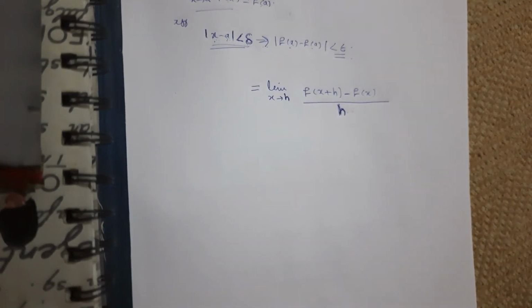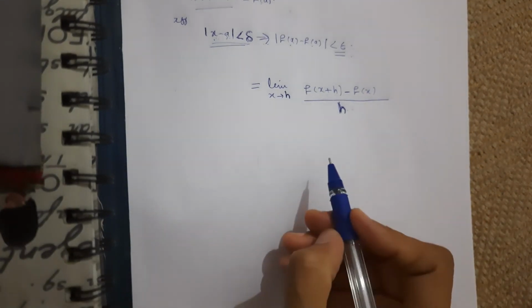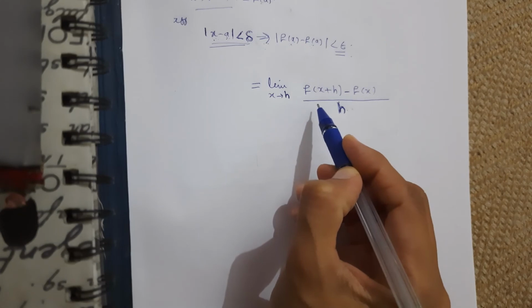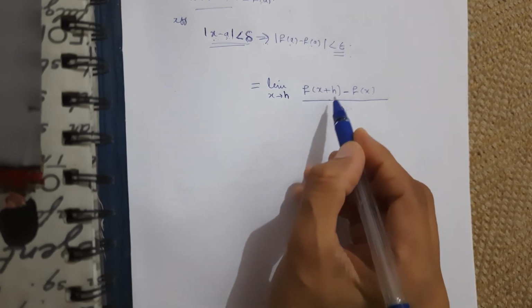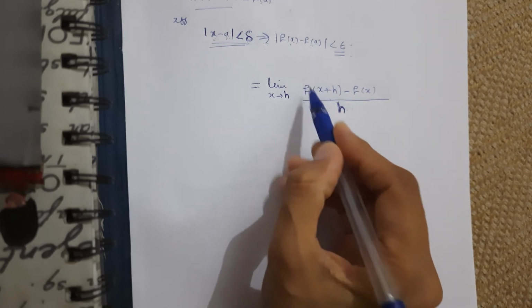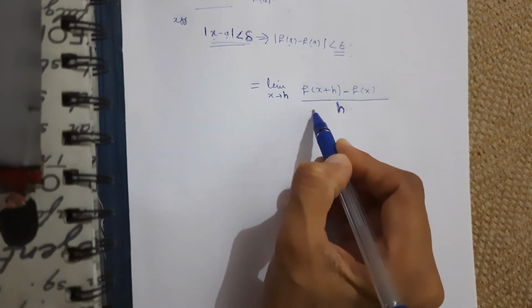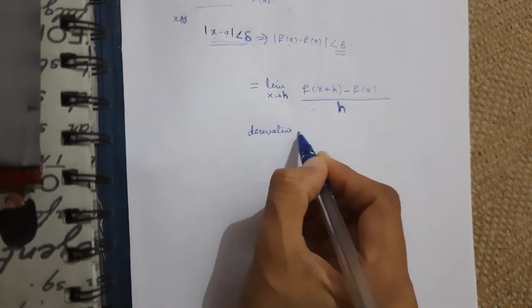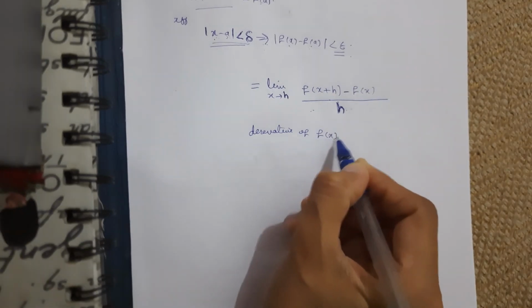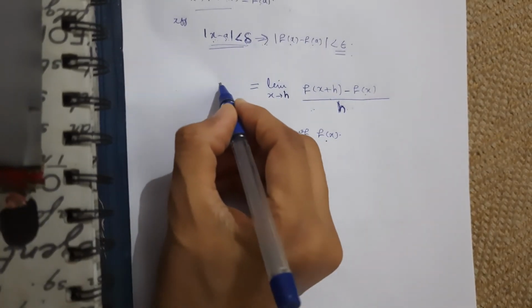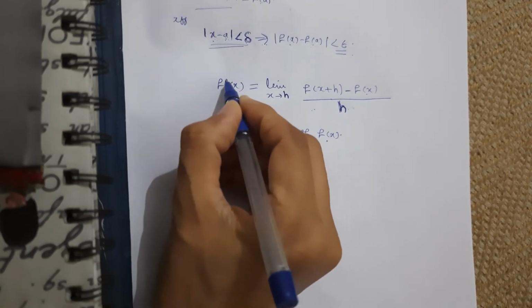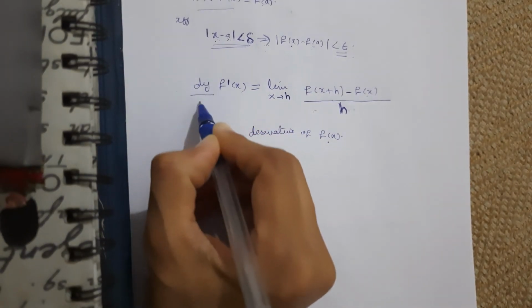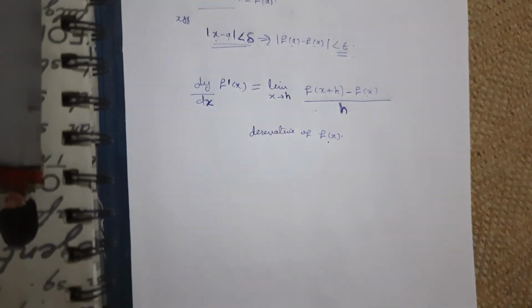Suppose I am finding the limiting value by using this formula, then whatever value I get after solving this limit is called the derivative of the function. Derivative of f of x, and it's denoted by f dash of x, or this is also denoted by dy by dx.